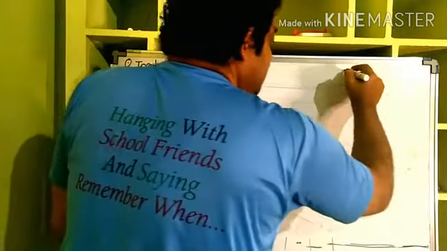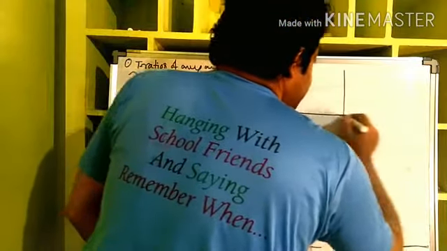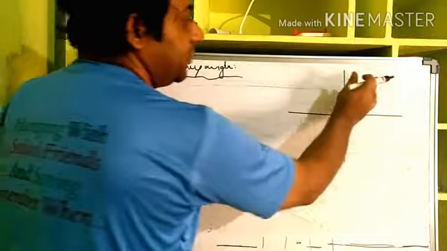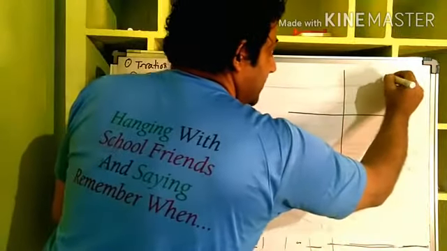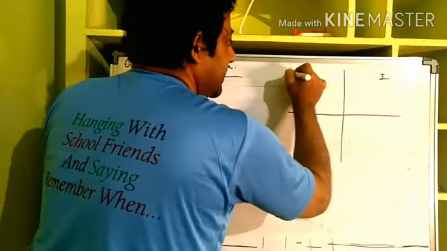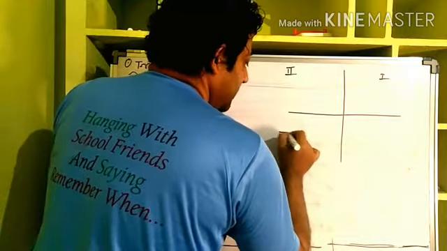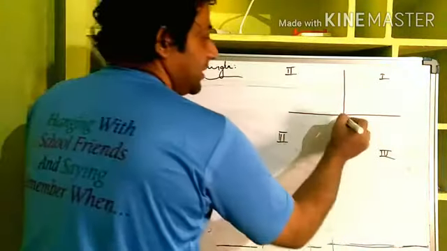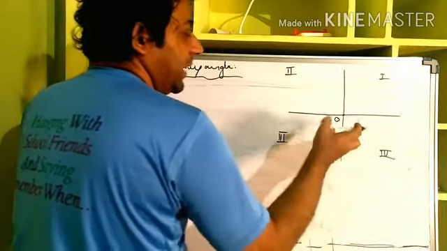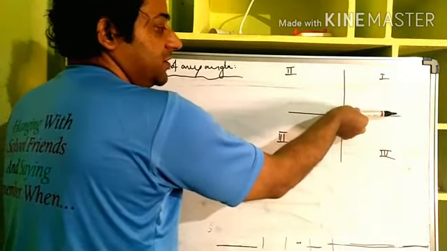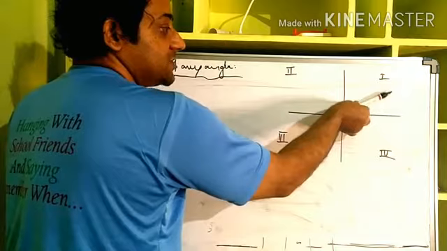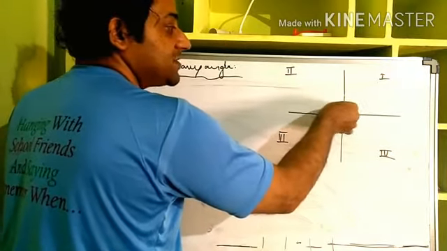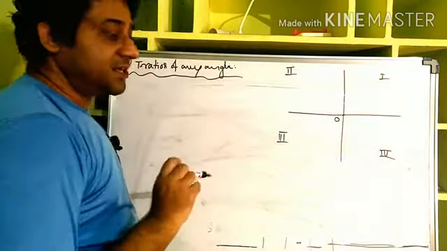And the convention, see, 360 degrees we will divide into 4 quadrants, okay? This is the first quadrant, this is the second quadrant, this is the third quadrant, and this is the fourth quadrant. Okay, now let us say this is O, and from here the position vector starts rotating, and when it comes back till here, that is 360 degrees.